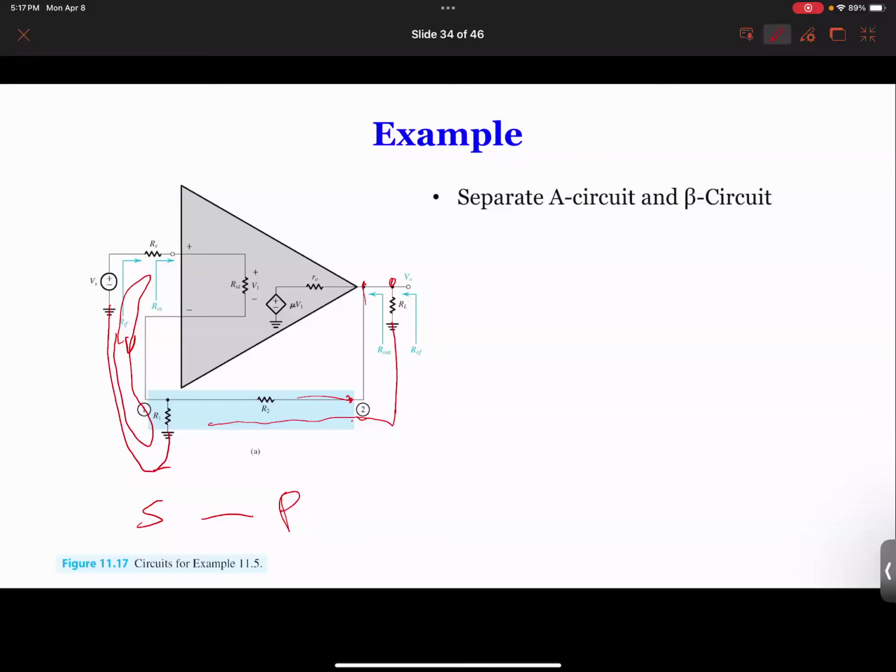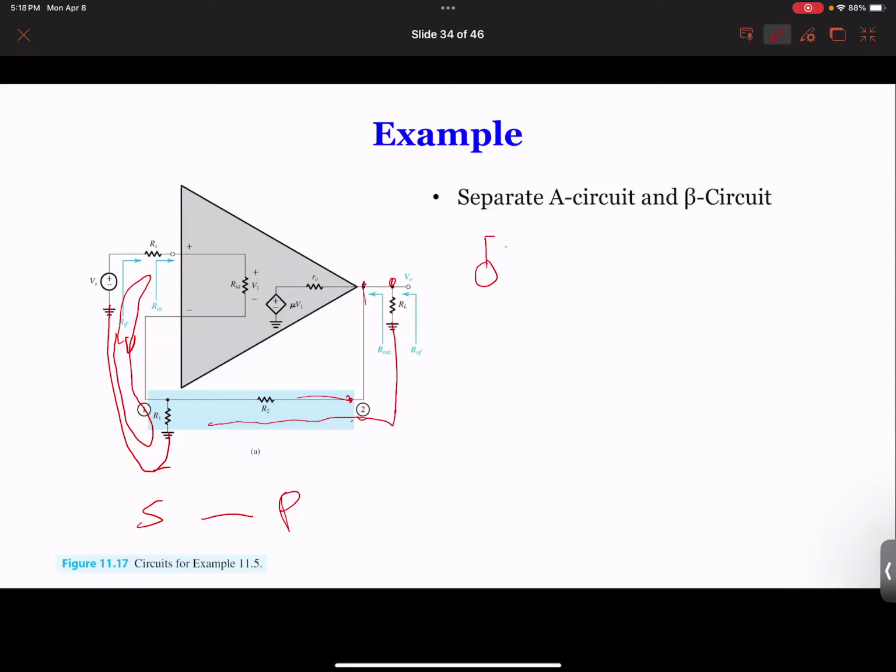This circuit doesn't really change very much, so we can keep it there. If we want to redraw this circuit, let's draw the A circuit and the beta circuit.